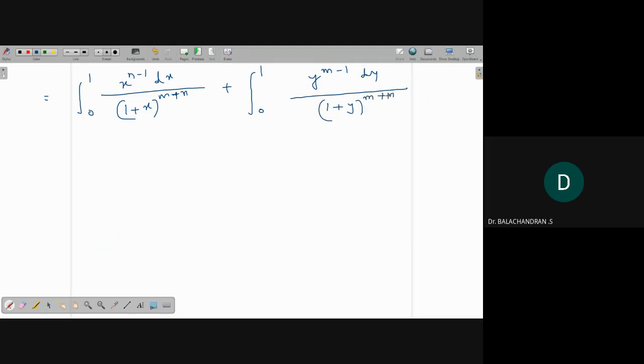But here, this y is a dummy variable. Even if you write z instead of y, you can write z power m minus 1 dz by 1 plus z whole power m plus n, and you will get the same answer. So that's why I am going to write, any guess?